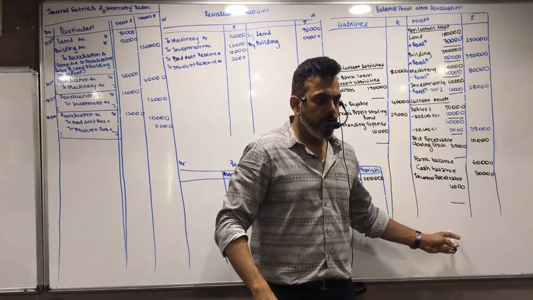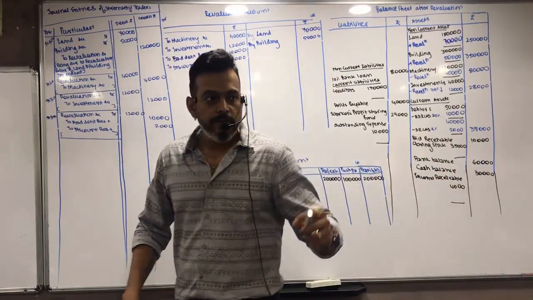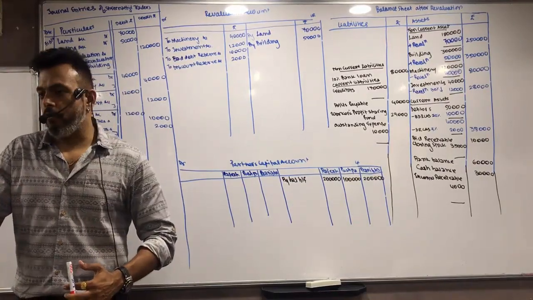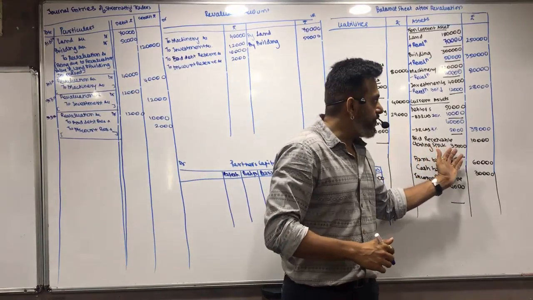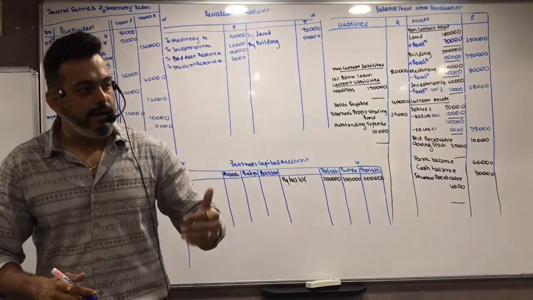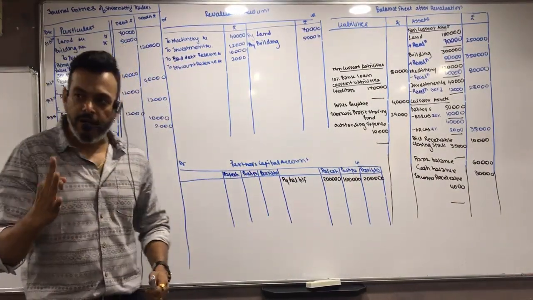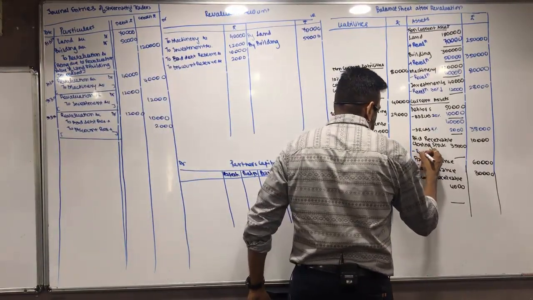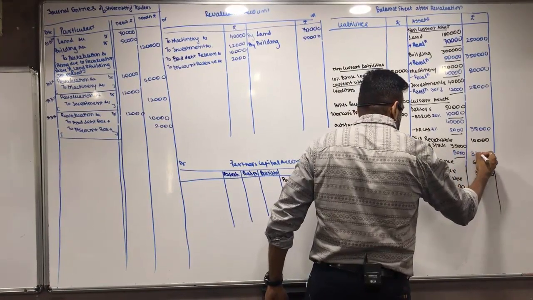Value of stock of 15,000 is to be decreased by 20%. So how much will decrease? Out of this 35,000, 15,000 worth of stock has reduction in value by 20%. So we will decrease 3,000. So minus revaluation 3,000, 32,000.